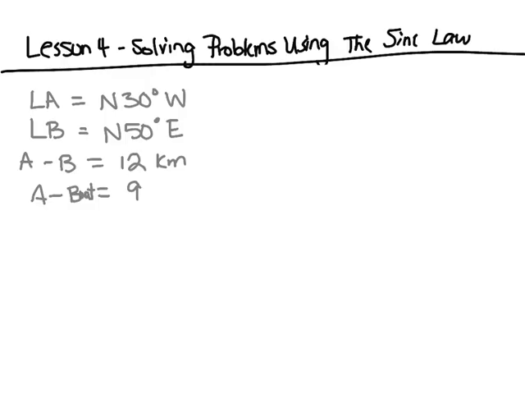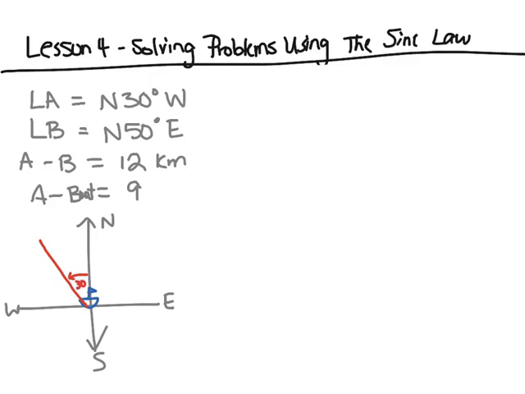So we're going to draw this out. The first thing you should do is draw out north, south, east, west. And you have a little boat. Let's draw the boat here. Lighthouse A is north 30 degrees west, so this angle from here to here is 30 degrees.